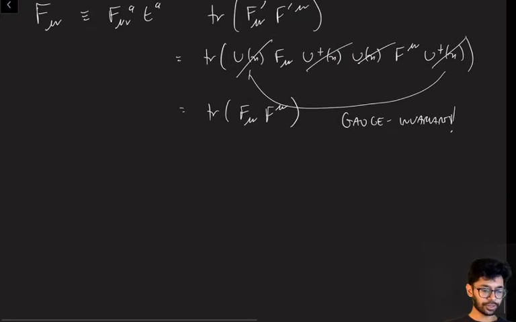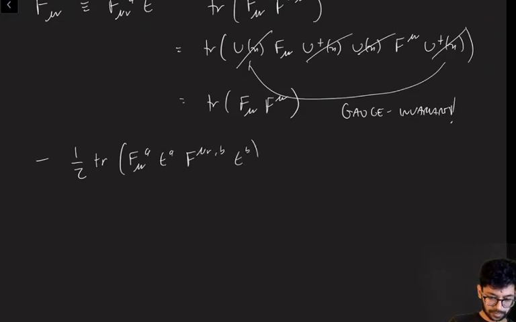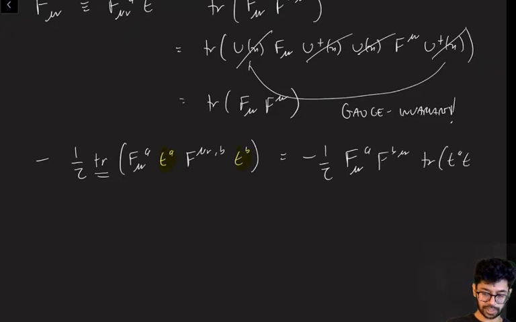It's also instructive to work this out in components explicitly. So let's do that. What is the trace of F_μν F^μν? If I work this out in components, then of course this trace is a matrix trace, and so it only acts on the T's. And so what we have is that this is equal to minus a half F_μν^a F^{b μν} times the trace of T^a T^b.